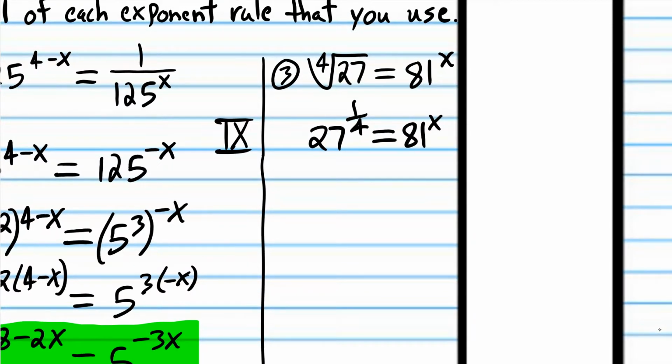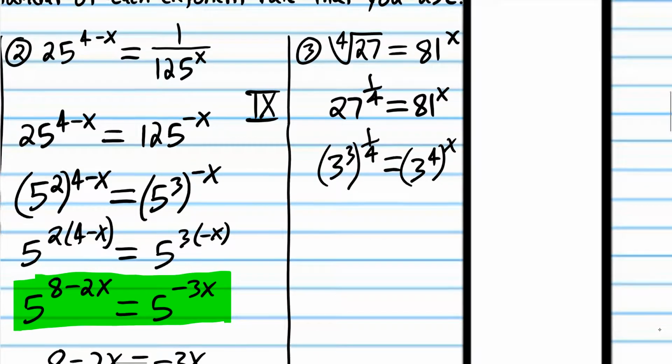And then I'm going to change 27. I can't change base 27 to base 81, and I can't change base 81 to base 27. So I have to change both bases to base 3. So that becomes 3 to the third power, all raised to the 1/4, and 81 is 3 to the 4th power. And then I'm going to use rule number 5, raising a power to another power.